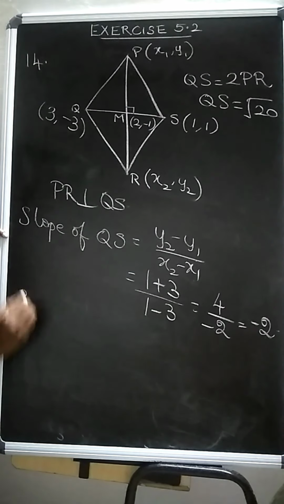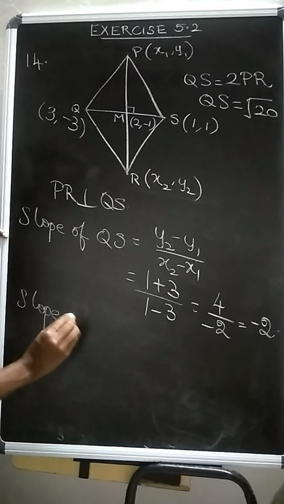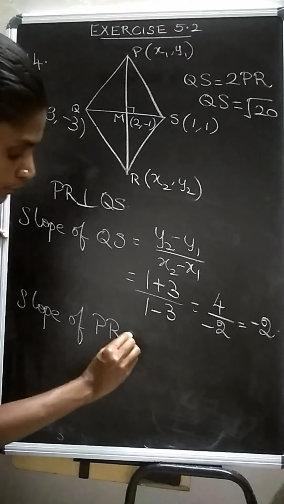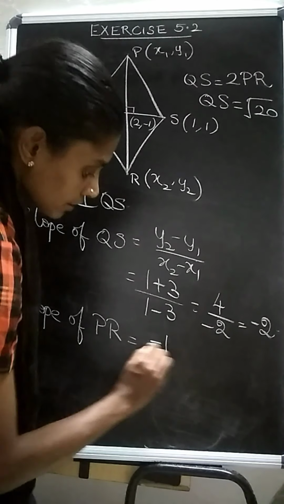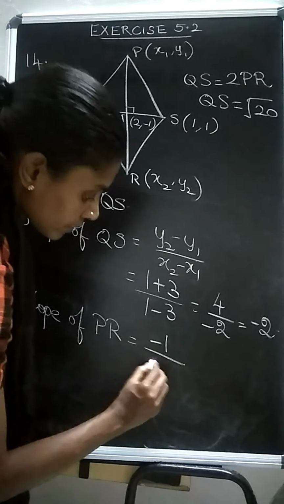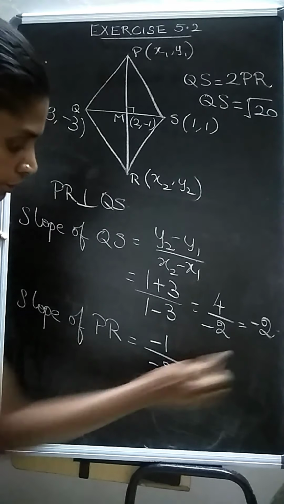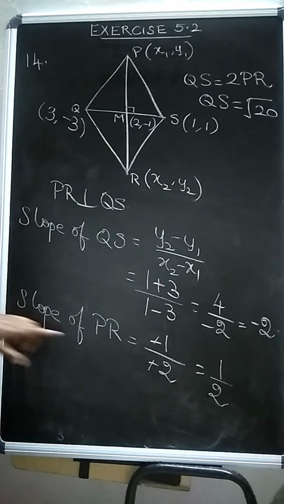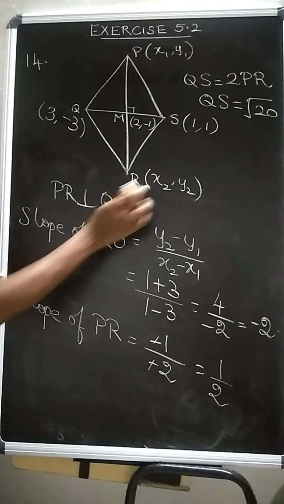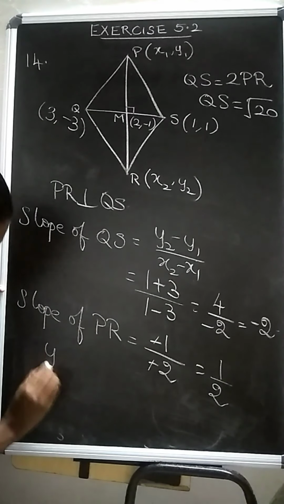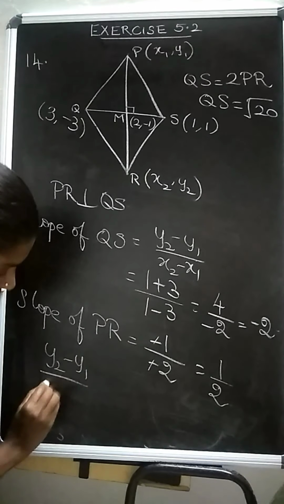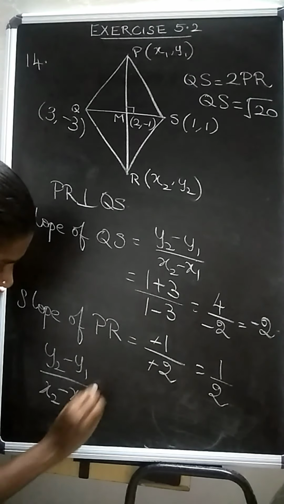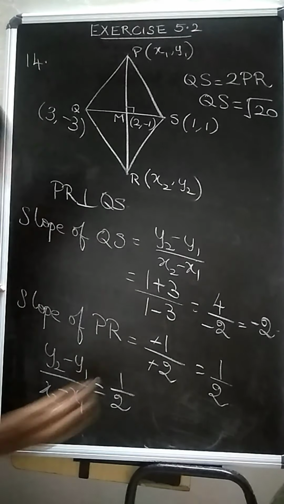So slope of PR. Since the two lines are perpendicular, minus 1 divided by slope of QS. So you will now get slope of PR is equal to 1 by 2. Now what is slope of PR? See here, y2 minus y1 divided by x2 minus x1 is equal to 1 by 2.